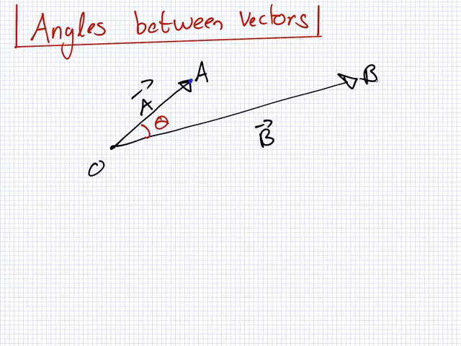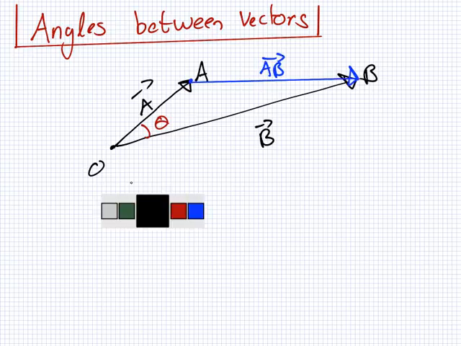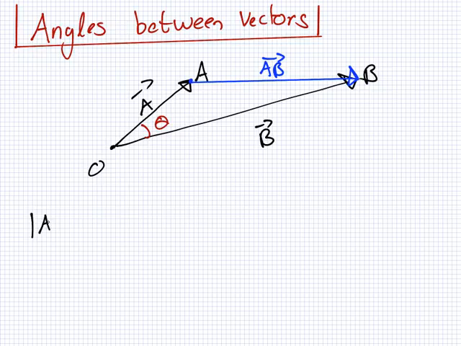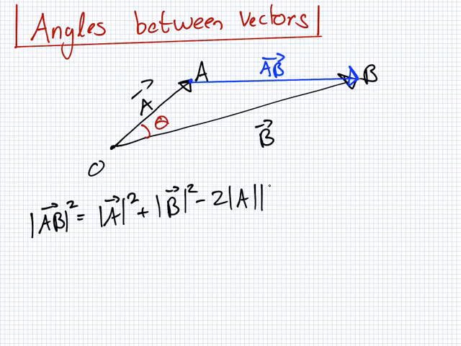We'll draw a vector from A to B, and we'll call this vector AB. And by using the cosine rule from semester 1, we can say AB squared equals A squared plus B squared minus twice AB cos theta.